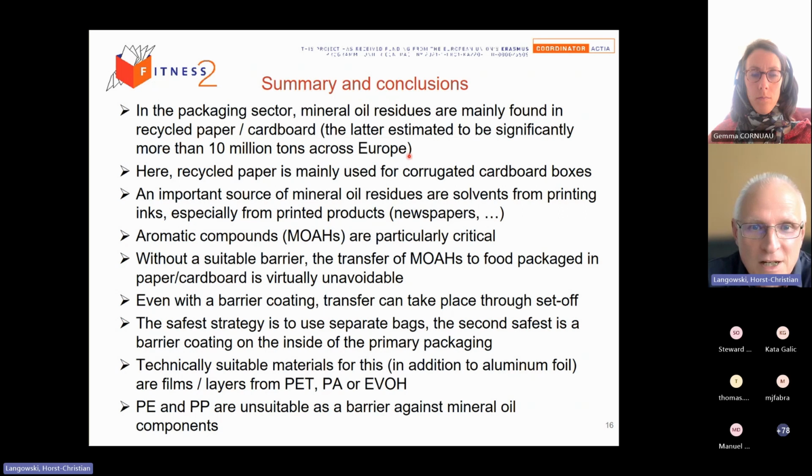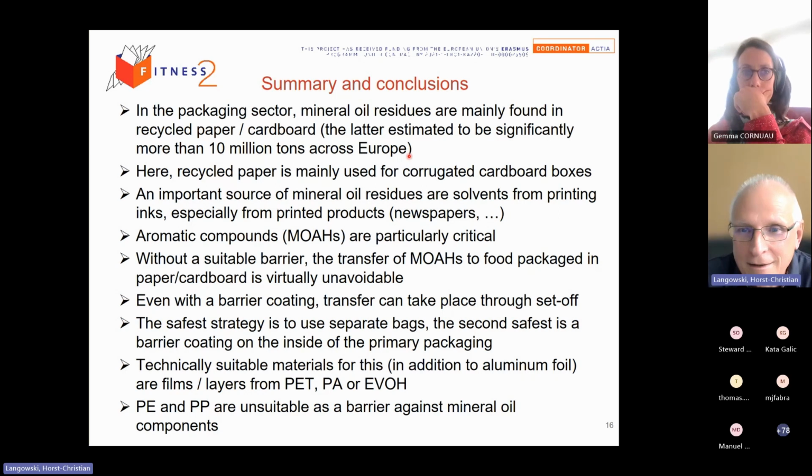So we cannot simply ignore that. We have a majority of the recycled paper in transport packagings for corrugated cardboard boxes. But what I said to you is that this can be there, the residues can be transferred through the product packagings into the product package. Therefore, we have to look for the sources of these residues.